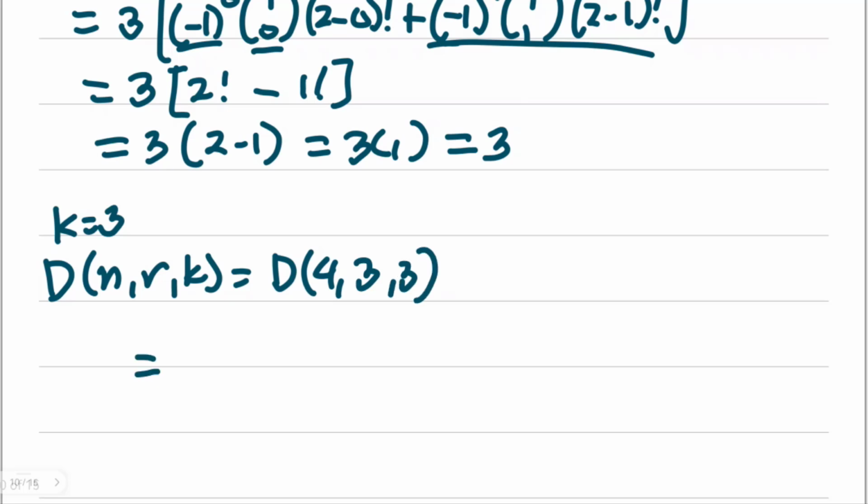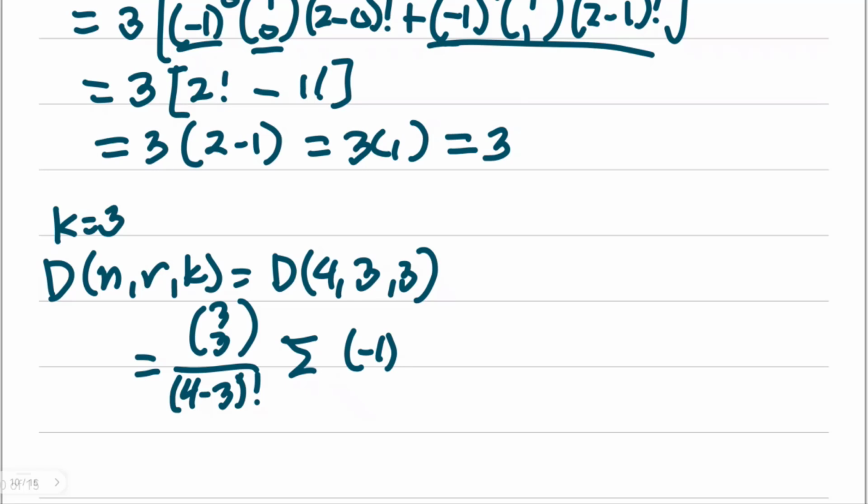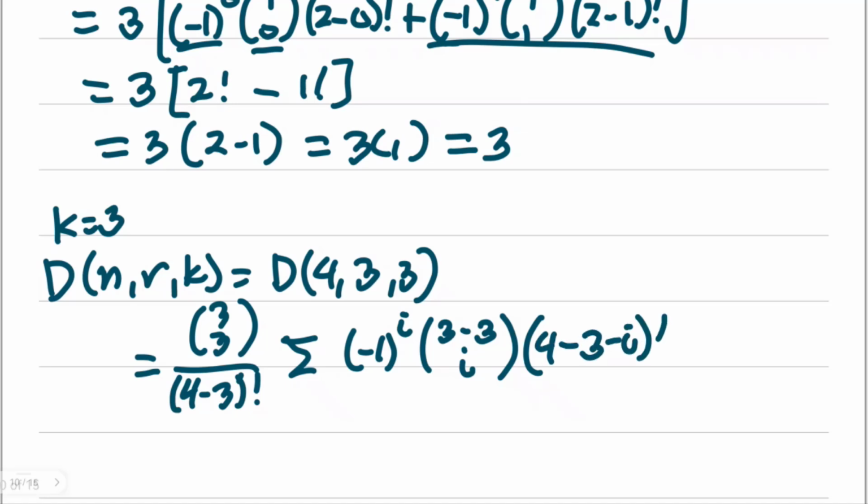This is given to us by 3 combination 3, that's r combination k. 4 minus 3 factorial, summation of negative 1 raised to I, r minus k, so 3 minus 3 combination I, okay, and you have here 4 minus 3 minus I factorial, where I starts from 0 to our 3 minus 3, which is 0 as well.